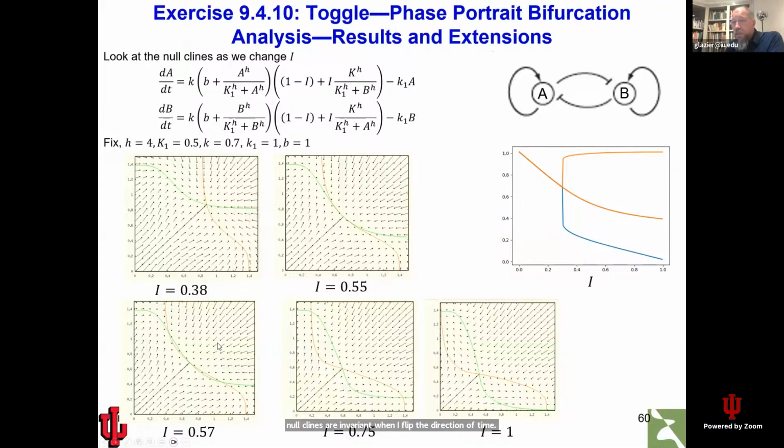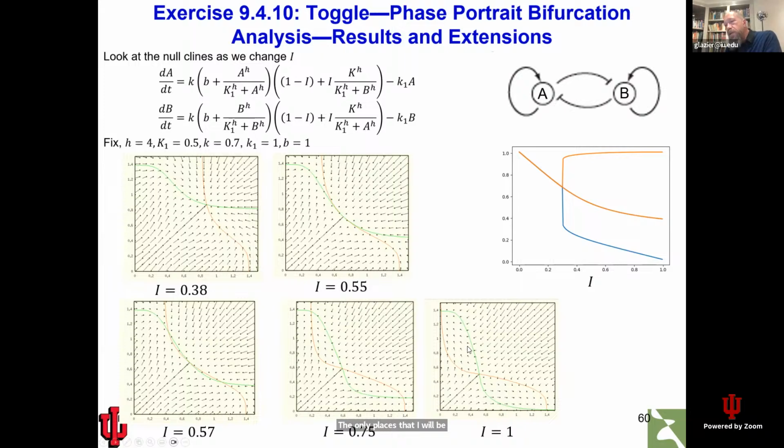If I flip the directions here in the I equals 1 case, if I'm in the upper right-hand quadrant, I'm now moving away and my values will diverge. If I'm in my lower left-hand quadrant, I'm moving down and to the left, so my values will diverge. The only places that I will be... let's see, am I even trapped there?